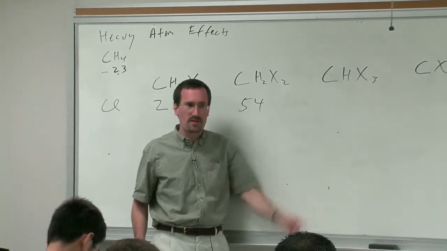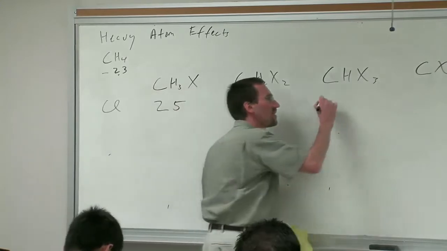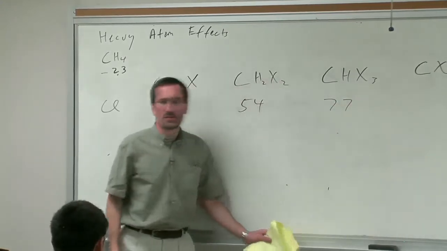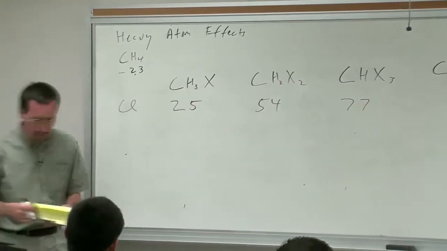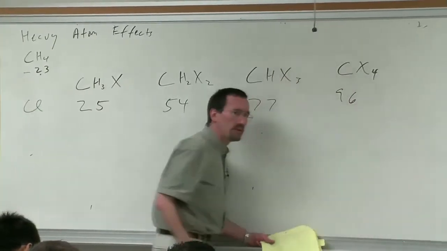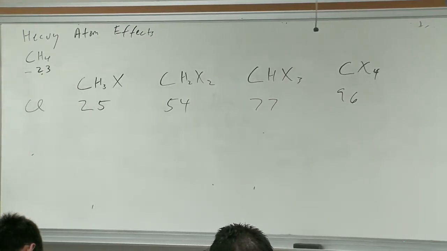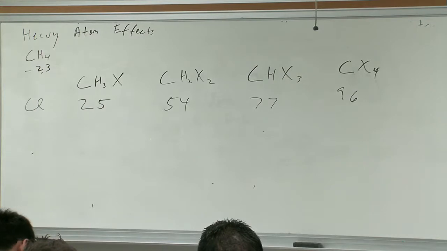Chloroform, where does that show up at? 77. 77 is chloroform. So you go further downfield, you put yet another chlorine on there, and you go further downfield. And so you look and you say, hey, what am I wasting your time for? This doesn't seem like any sort of surprise.